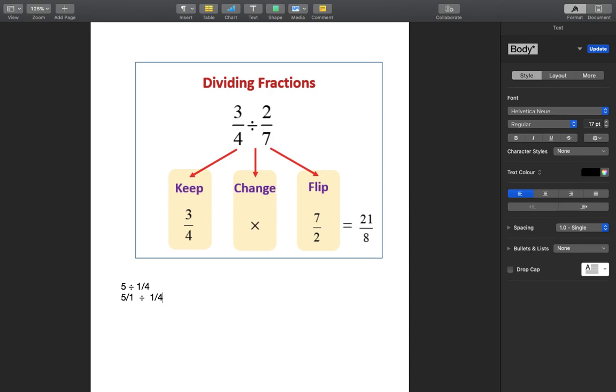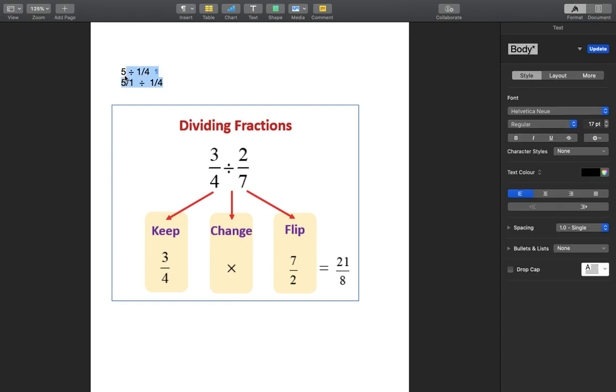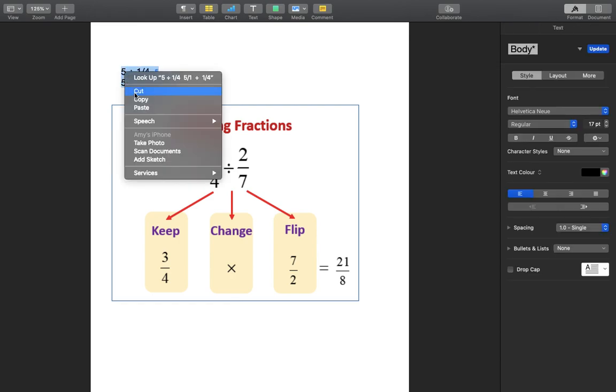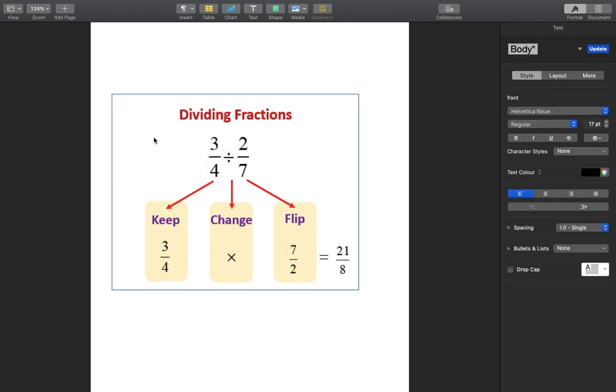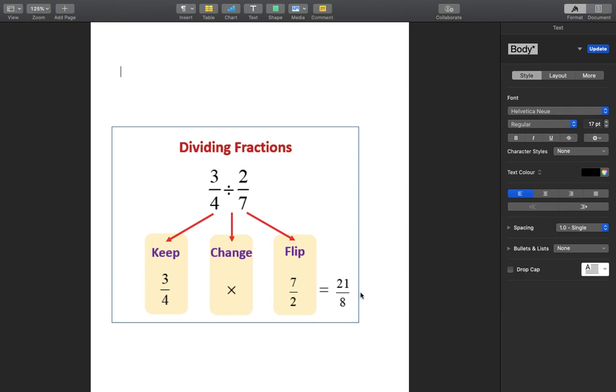Okay, so let's do this. So it's 5 over 1 divided by a quarter. So I keep the first fraction the same. So I keep 5. Sorry guys, I'm going to have to copy and cut this down here. Actually, I think it should be okay.